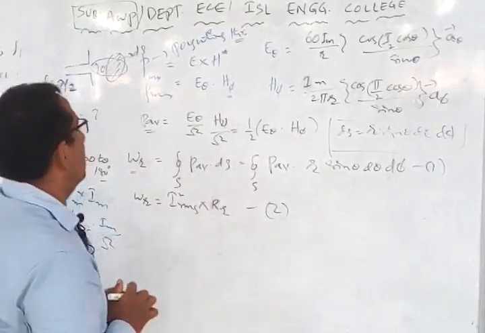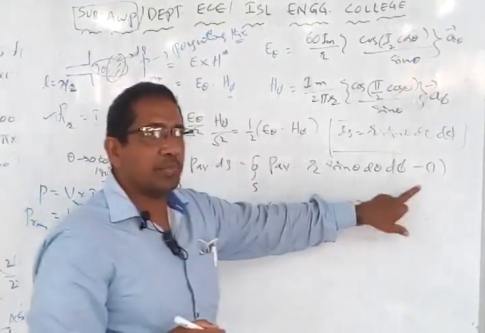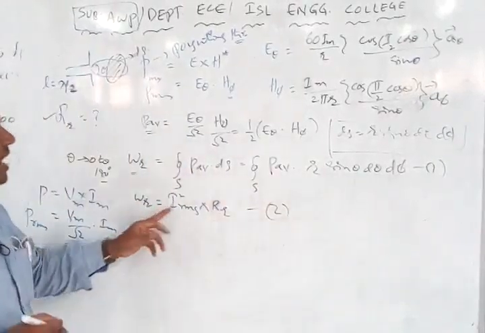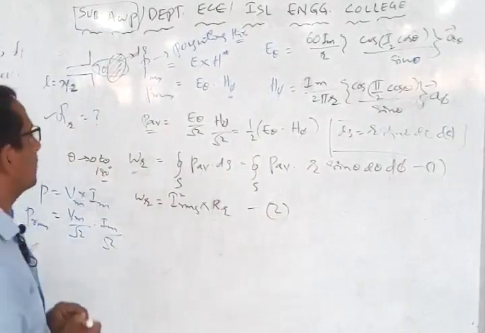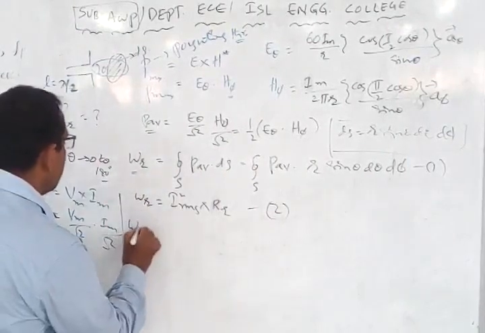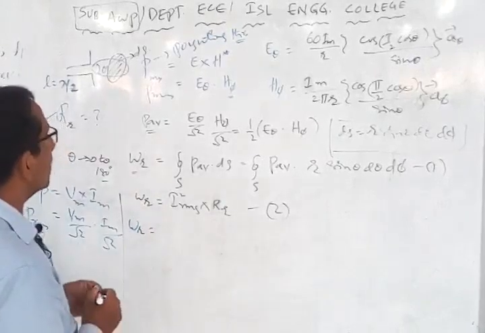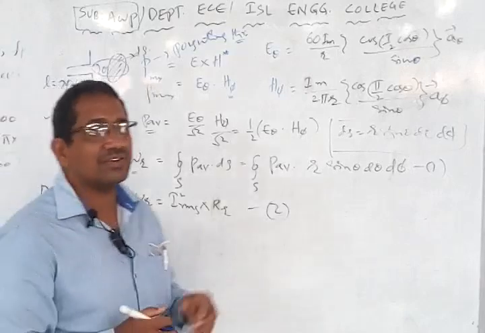Now once after this we have to get the value for this equation 1 in terms of the IRMS. Once you get that, the equation becomes simple for us. Now let us start working with this. W R is equal to a surface integral. R is taken as constant.